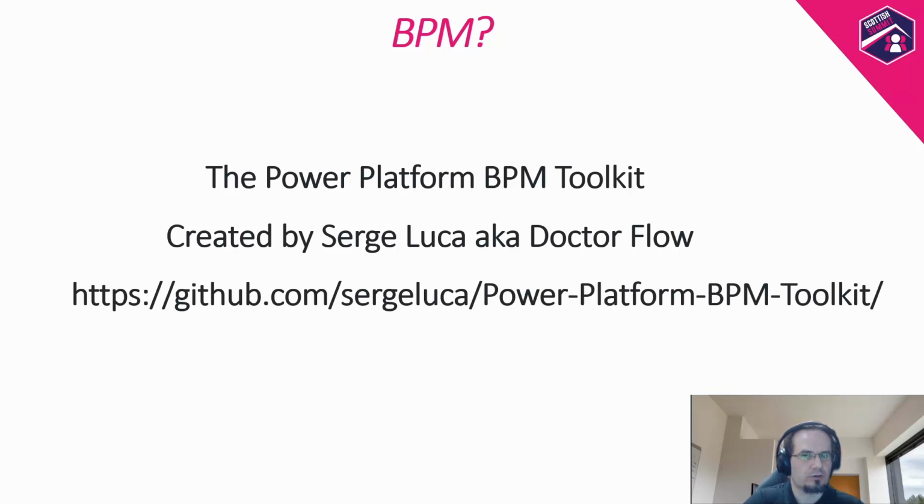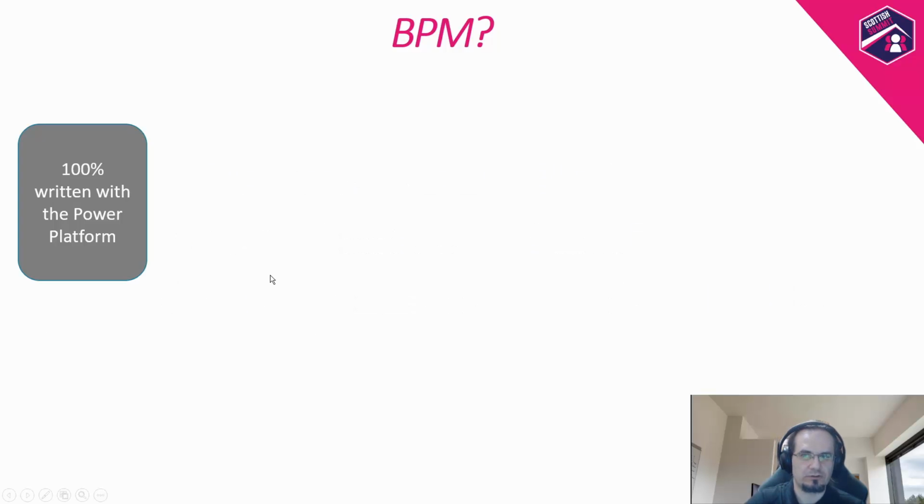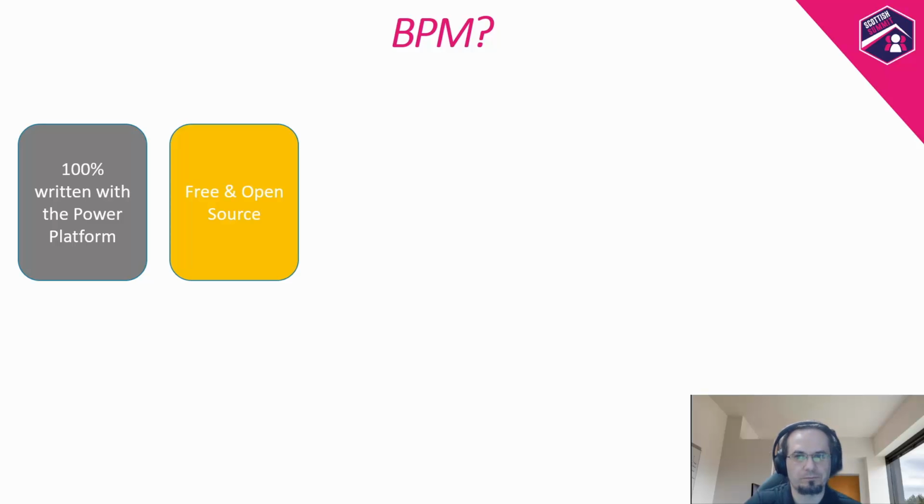It's available on GitHub. You can go and check how it works, what you can get from this toolkit, how you can install it, but what's inside? It's written in the Power Platform. There's no external code, nothing special, no additional components, only pure Power Platform, pure Microsoft 365.